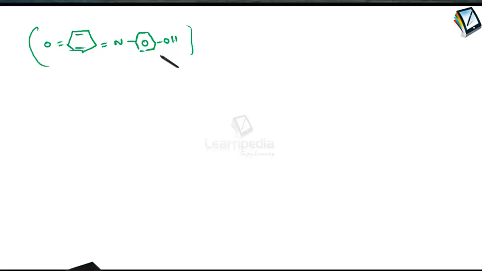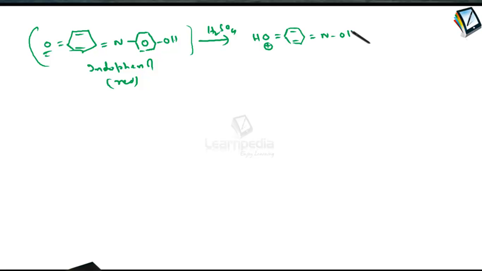This one, which is indophenol, which is red in color, in the presence of sulfuric acid H2SO4, this oxygen gets protonated to give indophenol hydrogen sulfate, and this is positive, so HSO4 minus. What do we call it? Indophenol hydrogen sulfate.